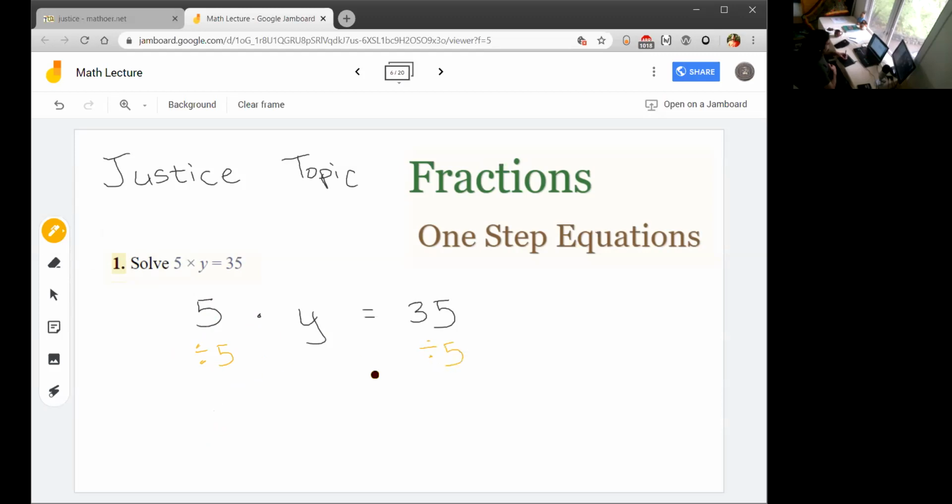We've been told that if we do something to one side of an equation, we have to do it to the other. So we get y times 5 divided by 5 is just back to y. And then 35 divided by 5 is 7. Okay, everyone okay with number 1 on the board? You've seen things like that before, or if not, you're doing okay.